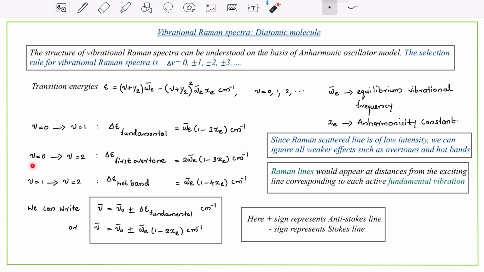A transition from ν=0 to ν=2 gives the first overtone at 2ω̄e(1−3xe) cm⁻¹. A transition from ν=1 to ν=2 gives the hot band at ω̄e(1−4xe) cm⁻¹.